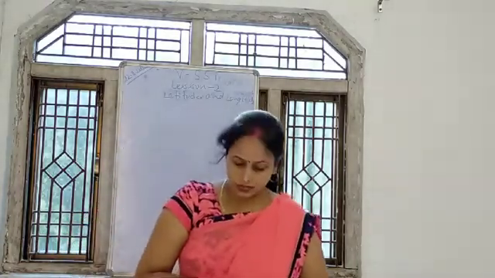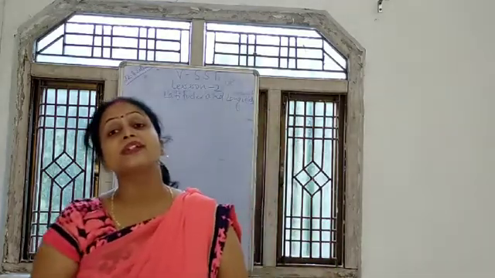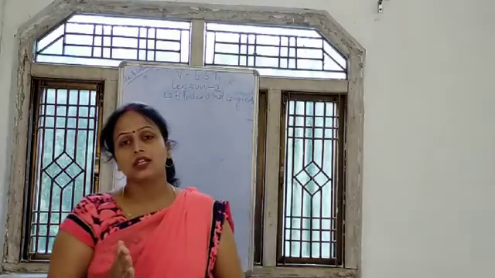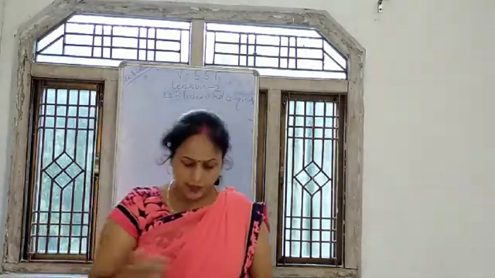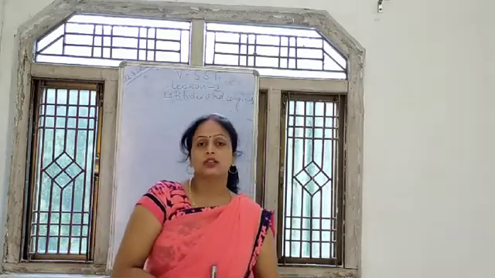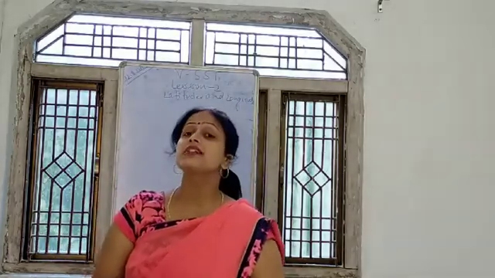Beside the equator, 4 other important latitudes are there. What are they? The Tropic of Cancer, Tropic of Capricorn, Arctic Circle and Antarctic Circle.